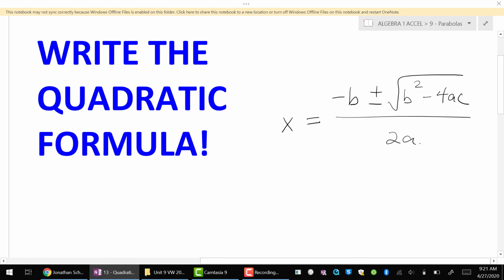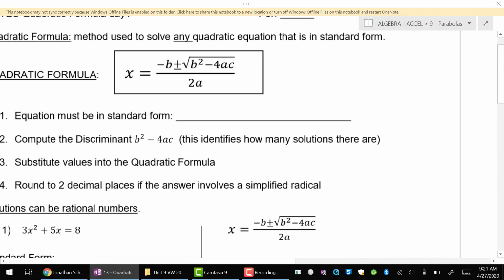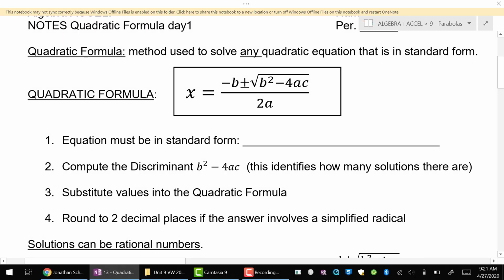I'd like to take some time today in this video lesson to just go through a couple examples of how the quadratic formula can be used to help us solve quadratic equations. So again, here it is. It's a method that can be used to solve any quadratic equation that is in standard form.